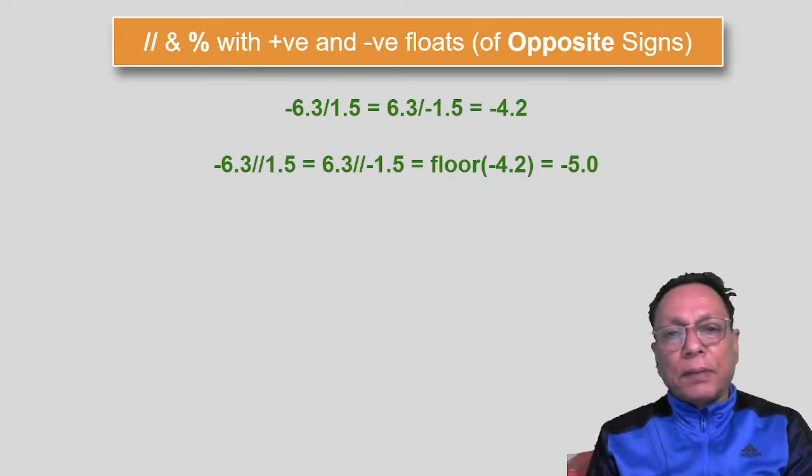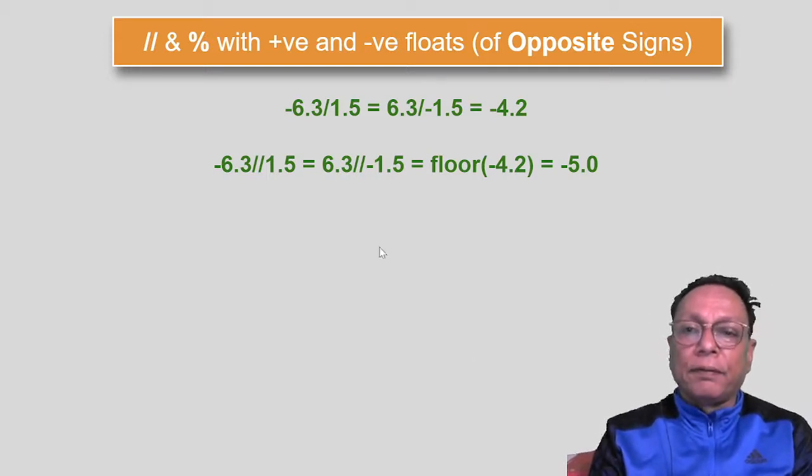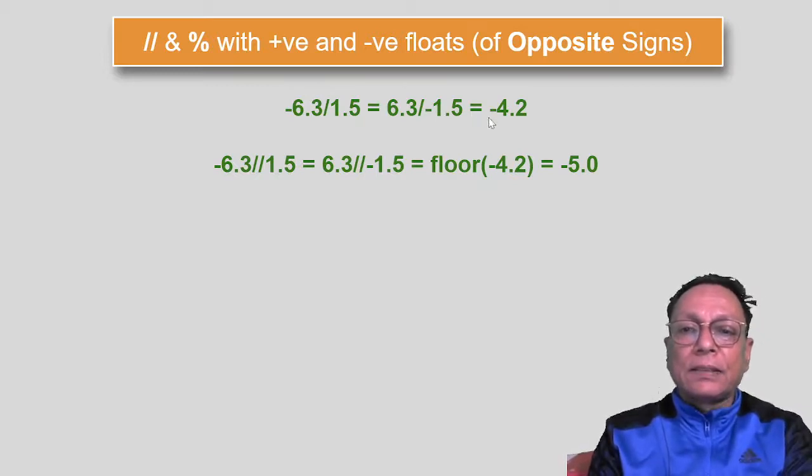So if the dividend is minus 6.3 and the divisor is positive 1.5, or the dividend is positive 6.3 and the divisor is minus 1.5, in this case the quotient will be negative, because one is minus, one is plus, one is plus, one is minus. The quotient will always be negative.